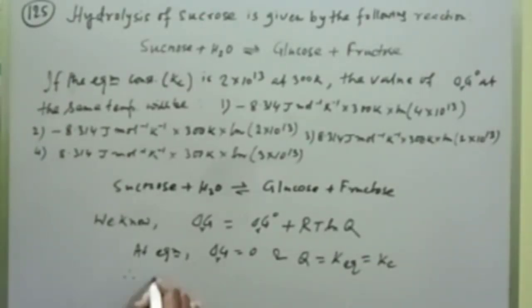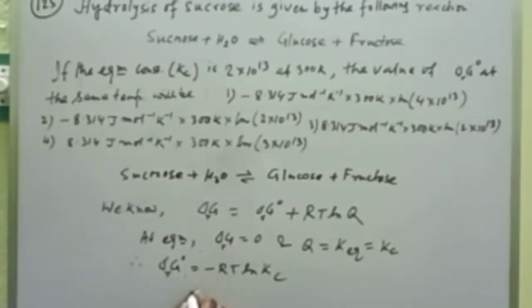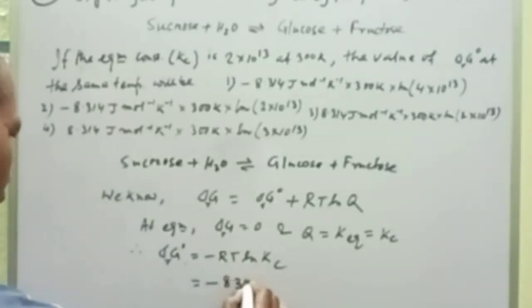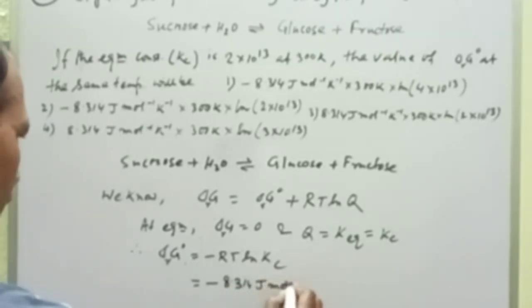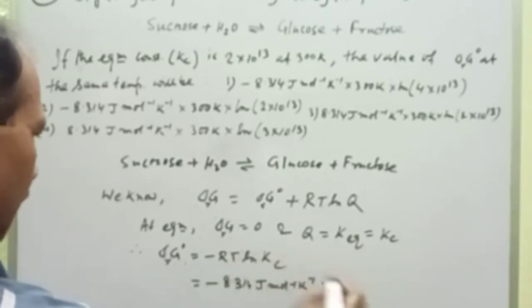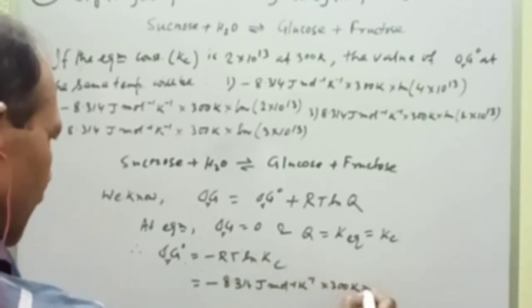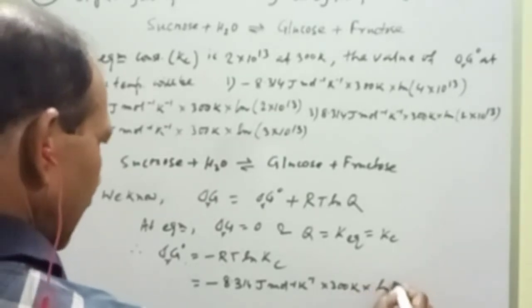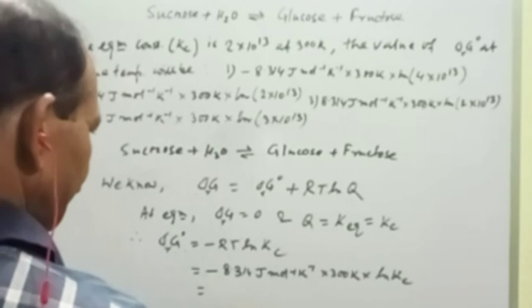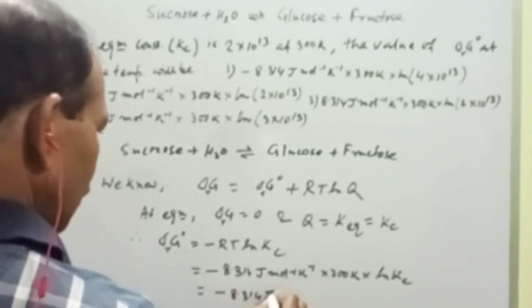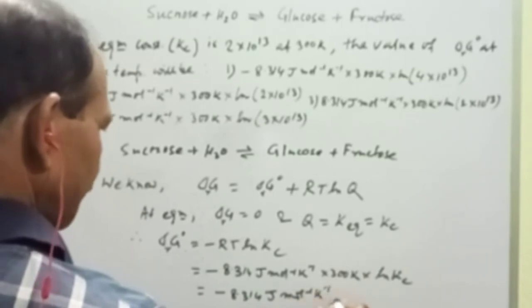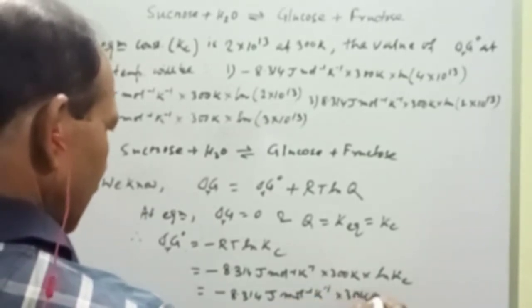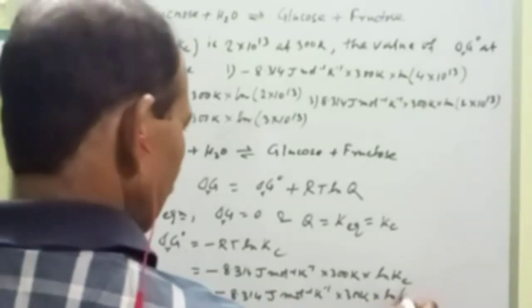Therefore, del G reaction 0 equals minus RT ln Kc, which equals minus 8.314 joule mole inverse Kelvin inverse into T, meaning 300 Kelvin, into ln Kc, where Kc equals 2 into 10 to the power 13.